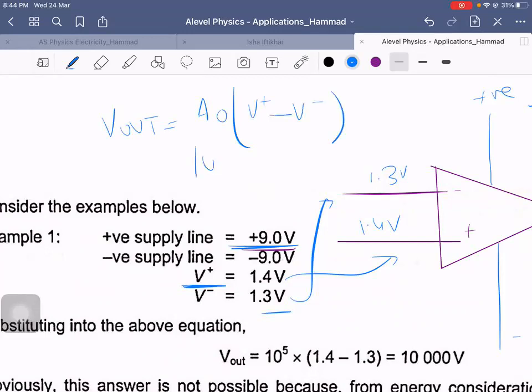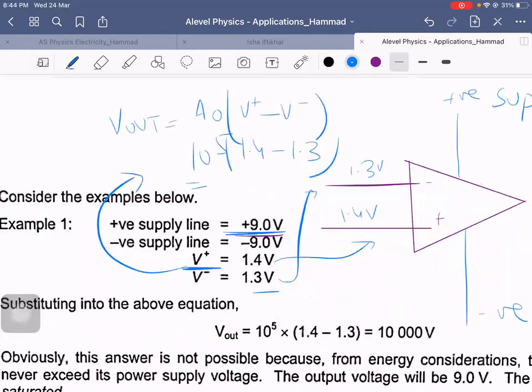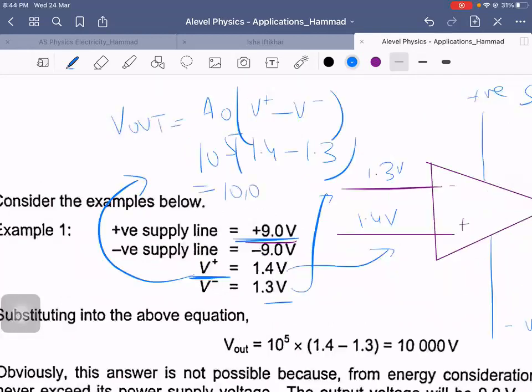A naught is the open loop gain, which is 10 to the power of 5. V plus has the value of 1.4. V minus has the value of 1.3. If you multiply these values, you get a value of 10,000 volts.